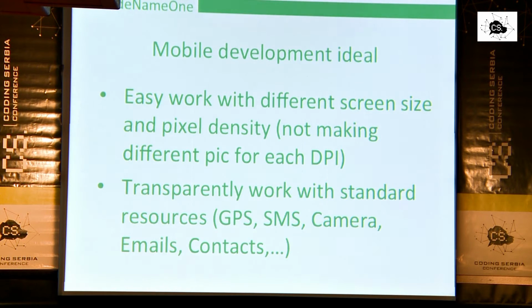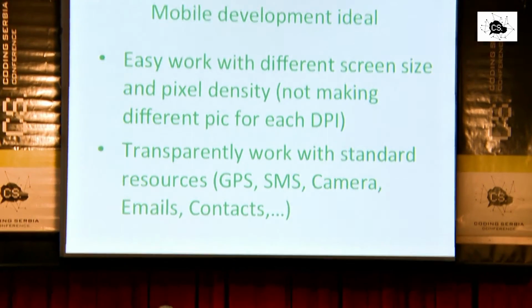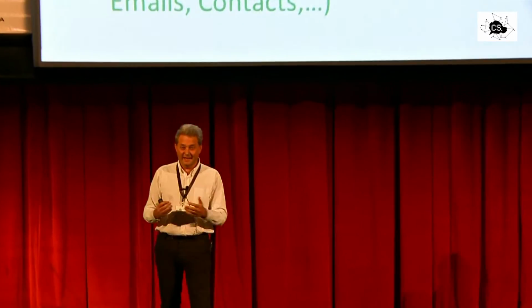Also, I like it if this one ideal tool can work with all platforms, at least the common things should be usable without problems. Just put in some code and say, camera, take a picture, or send this as SMS, or something like that. I like to have this out of the box.